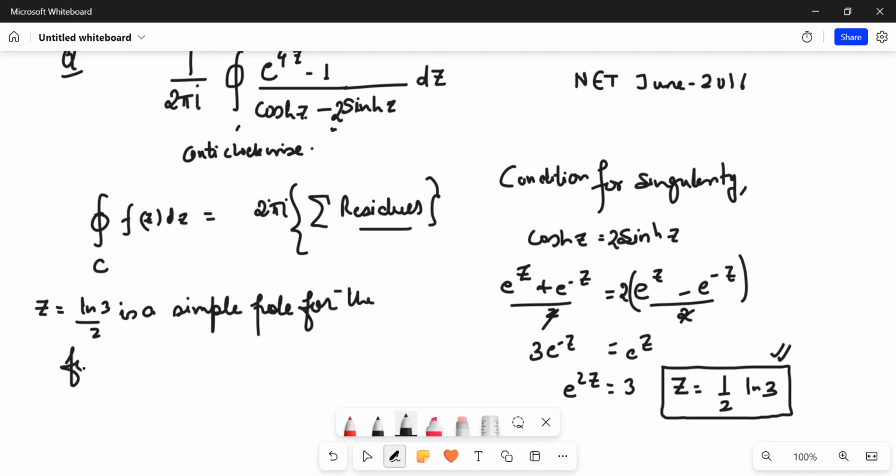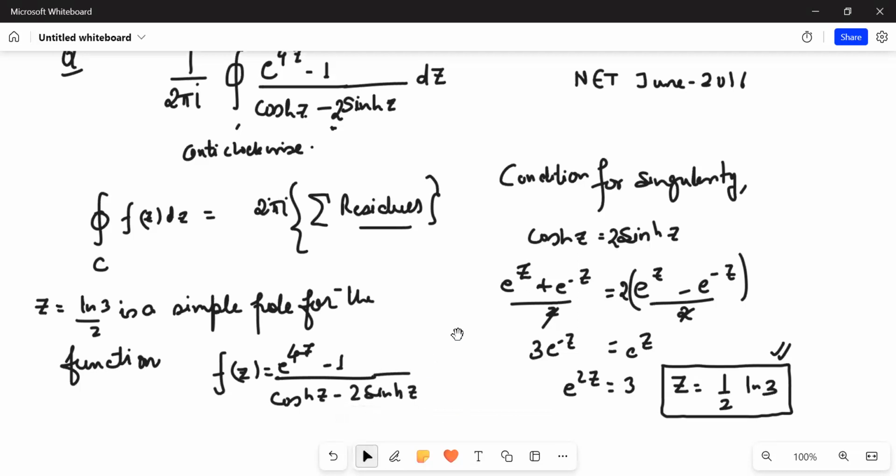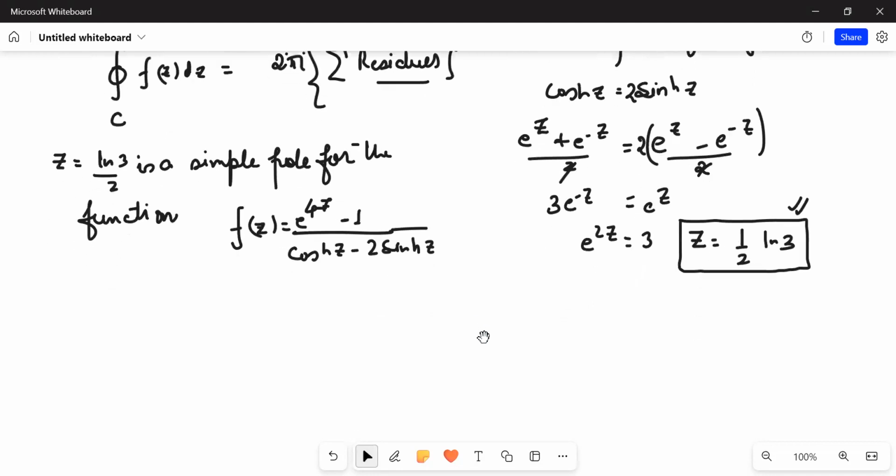for the function f(z) equals e raised to power 4z minus 1 divided by cos hyperbolic z minus 2 times sine hyperbolic z. Okay, so this is the simple pole. Now, in order to find the residue, what we need to do?